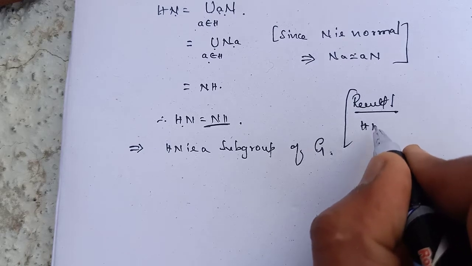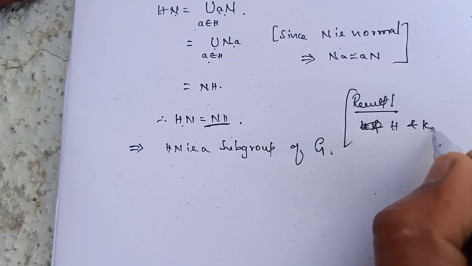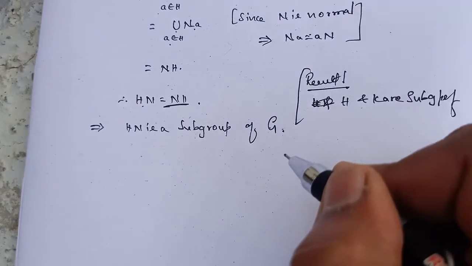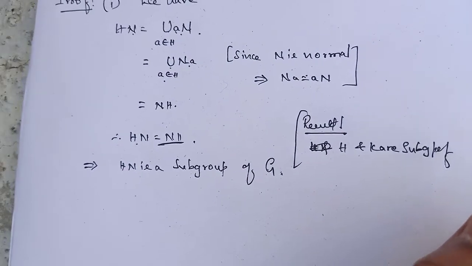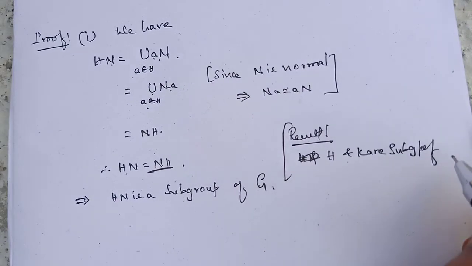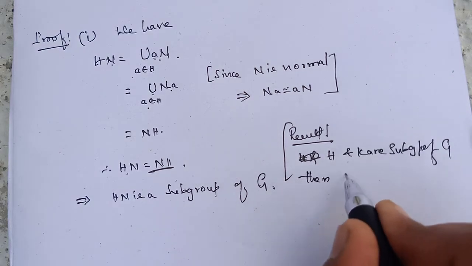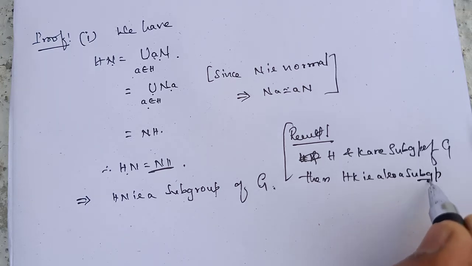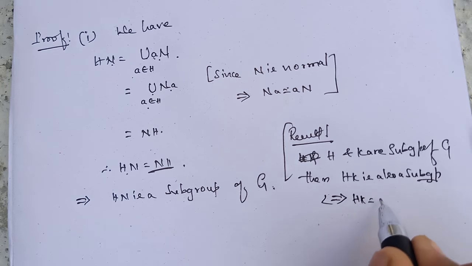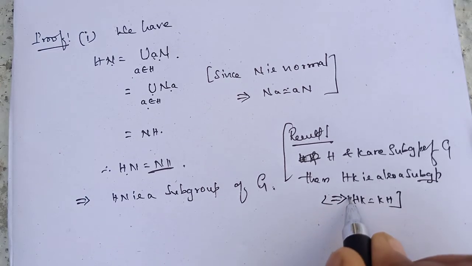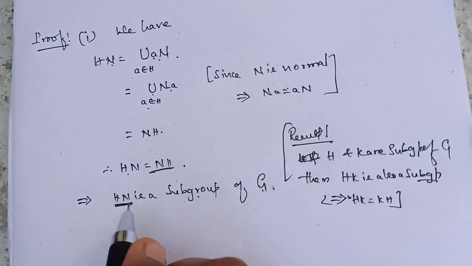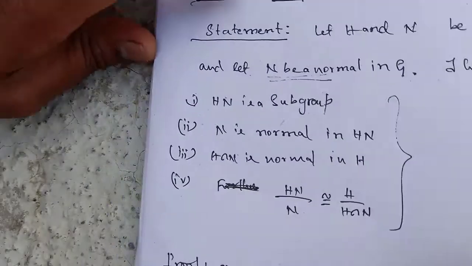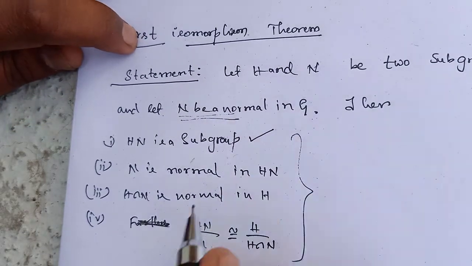The result is: H and K are subgroups of G. Then the product HK is also a subgroup if and only if HK is equal to KH. So from this result we can conclude that HN is a subgroup of G, since HN is equal to NH. Okay, so we proved the first condition, that is HN is a subgroup of G.